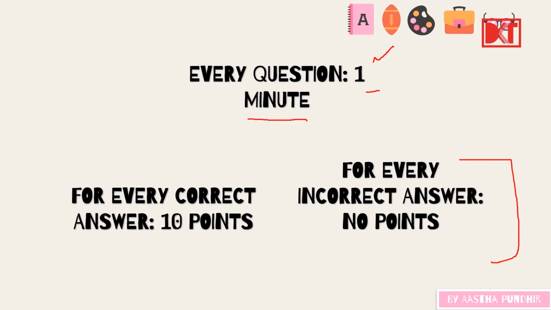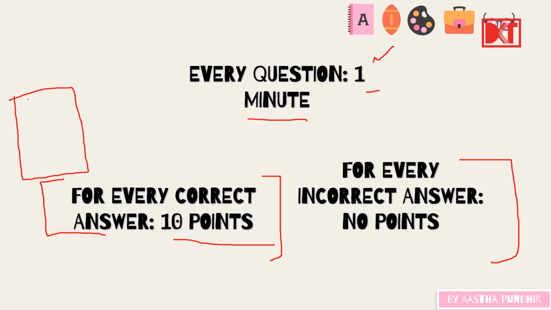So it is good to attempt those questions, and even if you don't know all the answers, try to understand and take a guess. For every correct answer, 10 points. This is just for your own little game where you can try to maintain a notepad. Here you write the name of the chapter and then the question, and if it is correct you can give yourself 10 points.